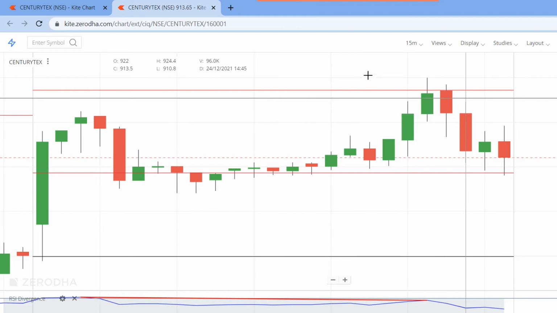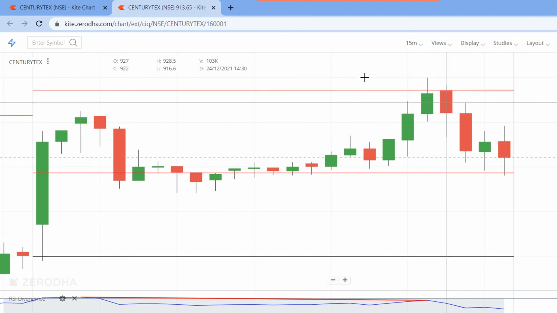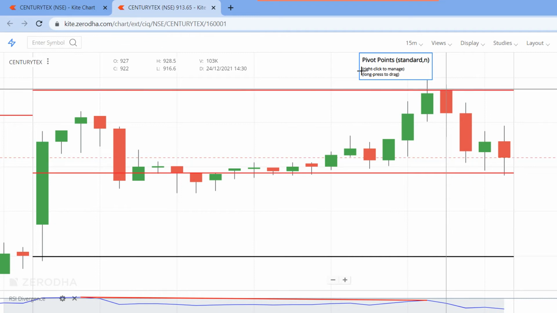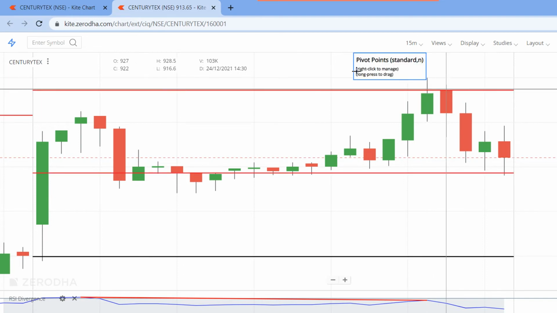Post that, you will take an entry on the next candle open. As you can see here, the next candle opened at 927, right? So your entry for the short trade would be at 927, and your stop loss would be a few ticks above the previous high, which is around 930. I'll keep the stop loss at maybe 932 for this trade.